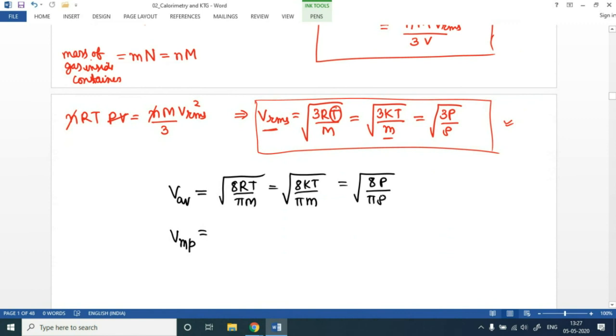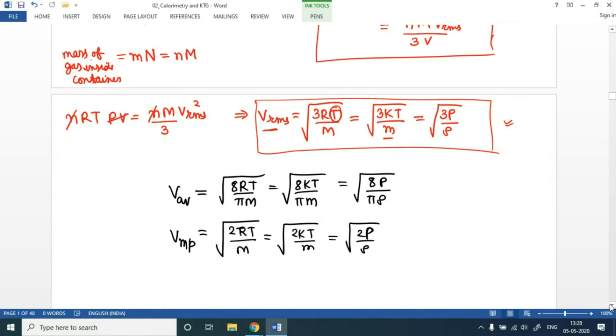And the most probable speed, the speed which most molecules will be having, is given by this expression: root of 2RT by M, which will also be equal to root of 2kT by small m, and that would be root of 2P by rho. Here k, you understand, is the Boltzmann constant.